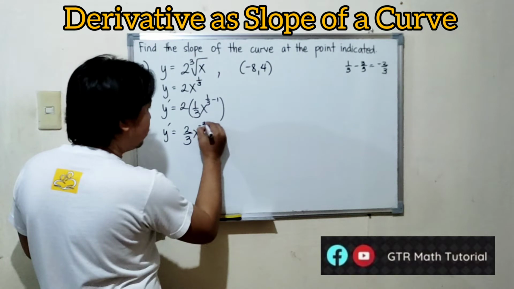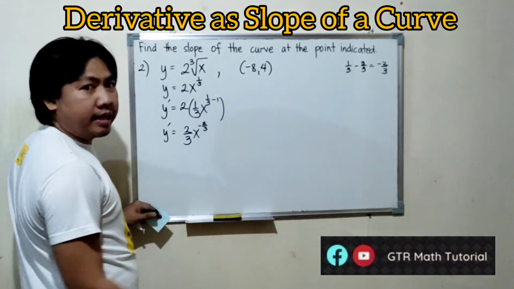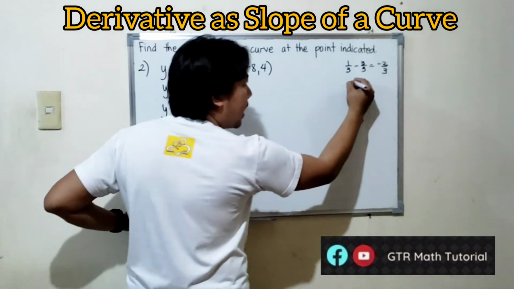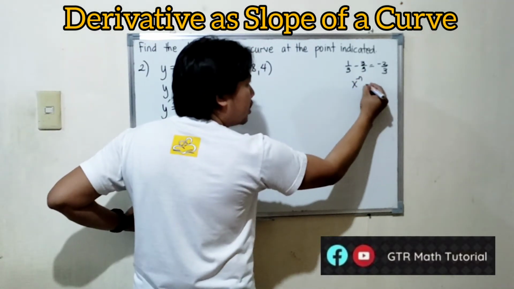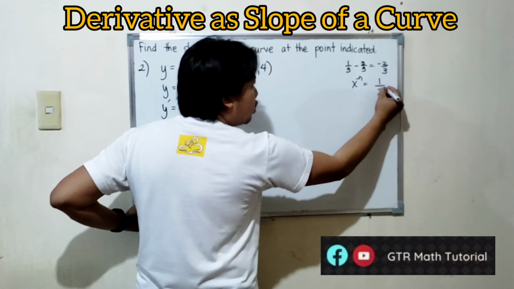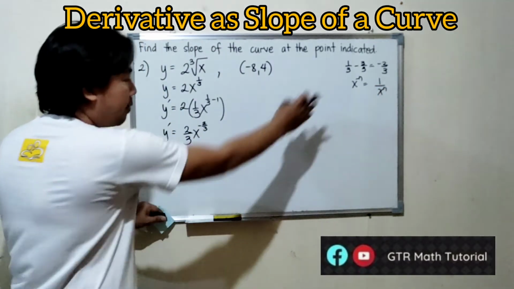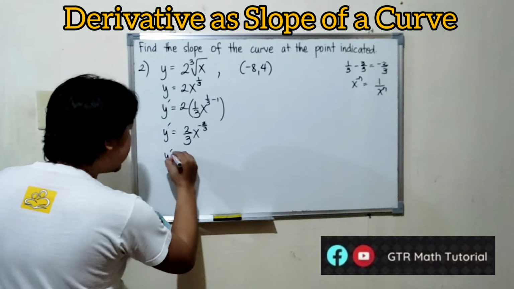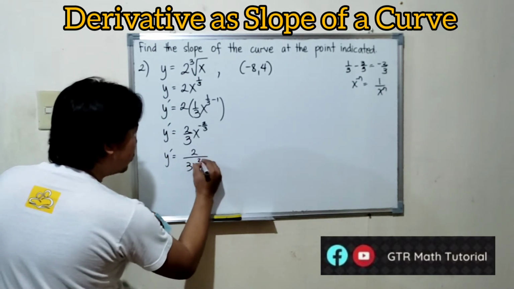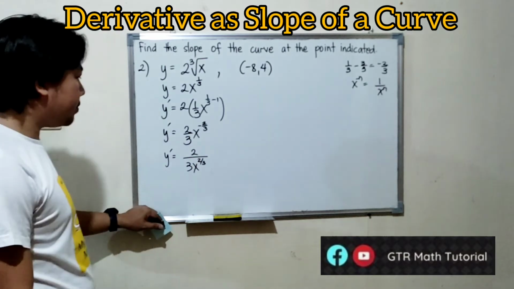So we have x raised to negative 2/3. Since the expression has a negative exponent, we can apply the negative exponent rule: x raised to negative n is equal to 1 over x raised to positive n. Applying that, y prime is equal to 2 over 3 x raised to 2/3.